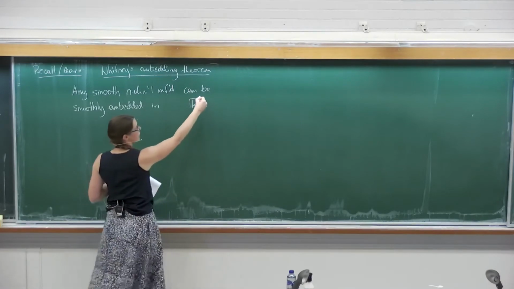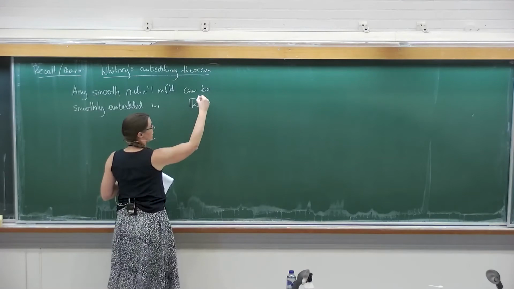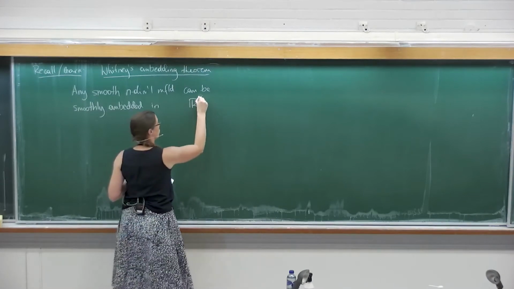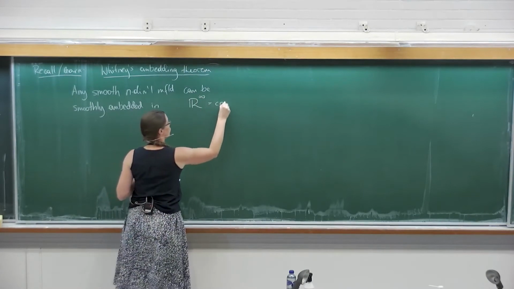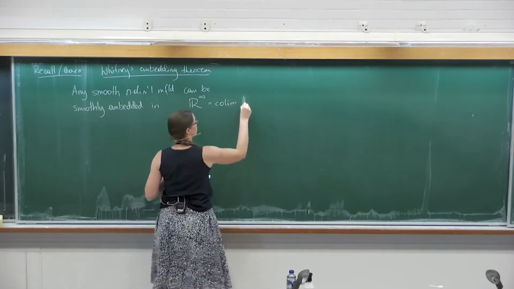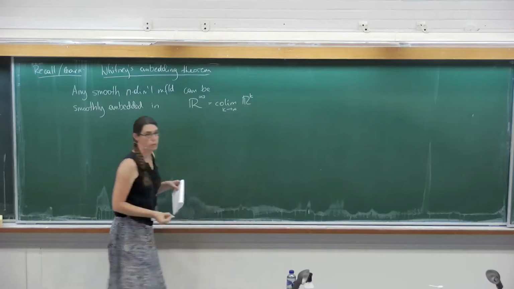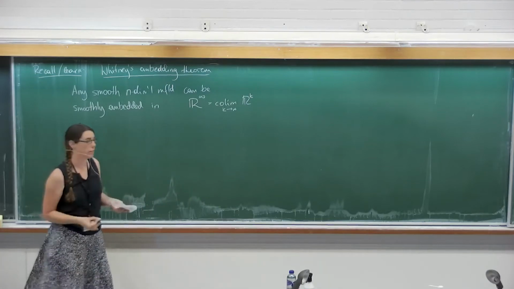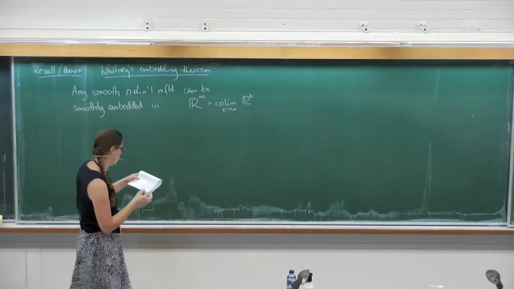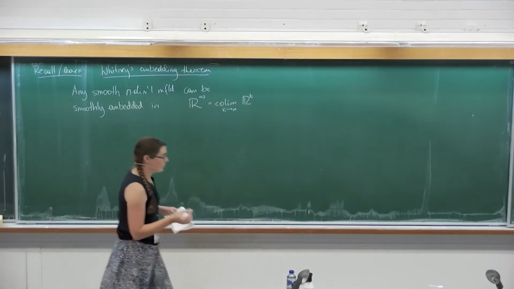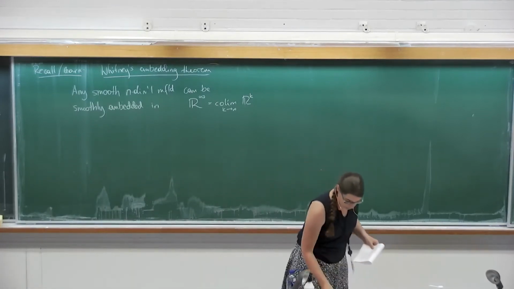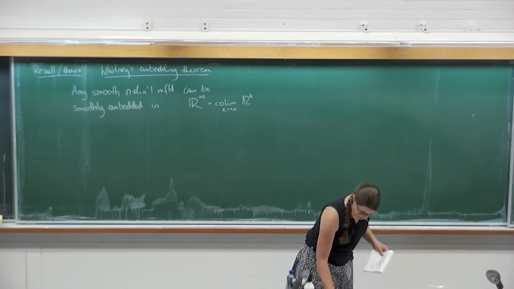So I could even write here 2n, but I don't want to be so precise. I'll just write R^infinity, which is just the colimit over all R^k, well, R^k is in R^(k+1) just by inclusion of the first coordinates. And so this will be the basic thing that we need, a basic tool.